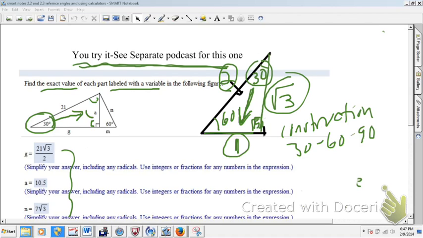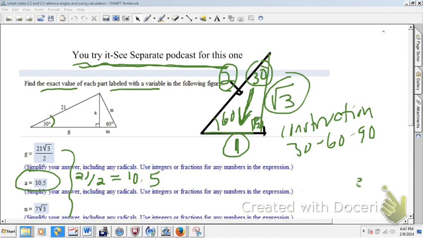So the piece across has to be half of 21. Well, 21 divided by 2 is 10.5, which is exactly the answer. I had already done this problem and typed in the answers, so now we're just thinking about how to get them.